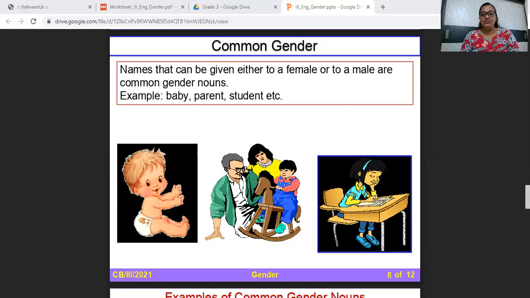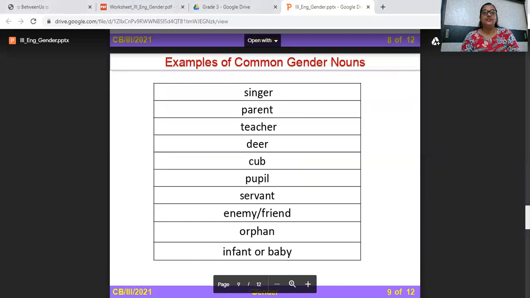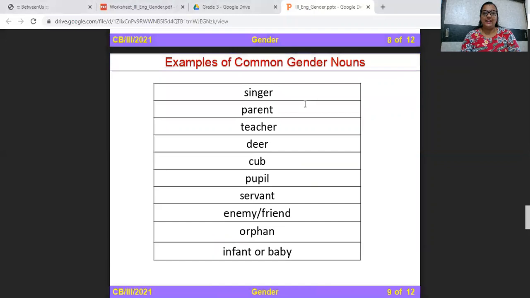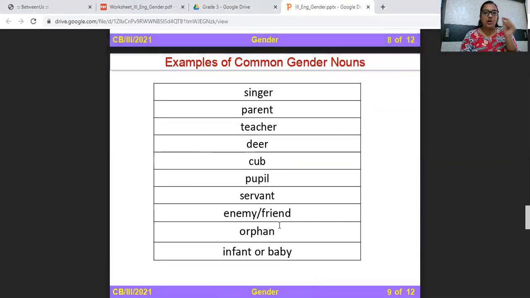We have some more examples for common gender nouns. See, singer, parent, teacher, deer, cub, pupil, servant, enemy, friend, orphan, infant, or baby. When we just call out these names, it's difficult to identify whether it is a male or female.